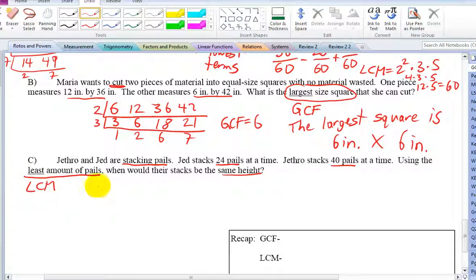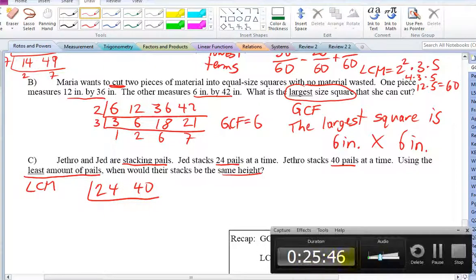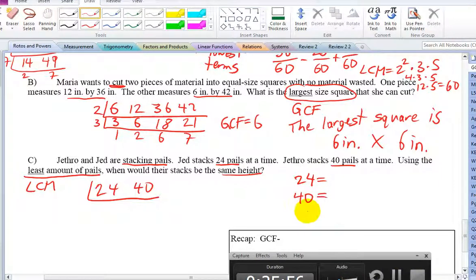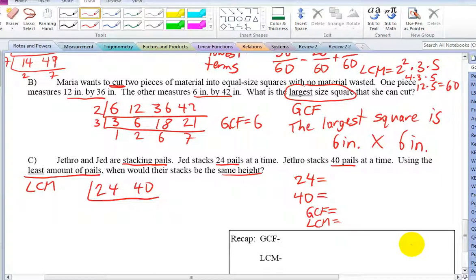Okay. So we have 24 and 40. Find your LCM. Okay, so for 24 and 40, the LCM is going to be 2 cubed times 3 times 5.